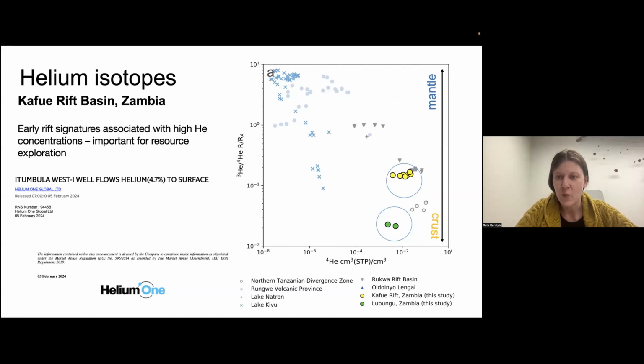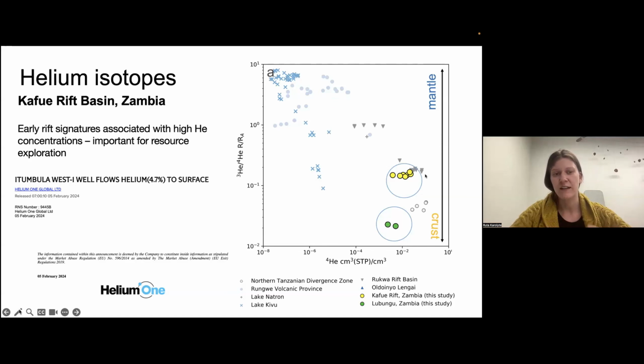For instance, the composition of these gases is very similar to these gray triangles seen in the Rukwa Rift Basin in Tanzania. You may be aware that there's active helium exploration going on there, with various companies developing helium fields. And actually, just today, we've seen an announcement from one of these companies that they have proved helium in the basin and flowed 4.7% helium.